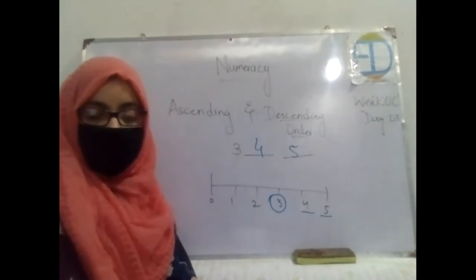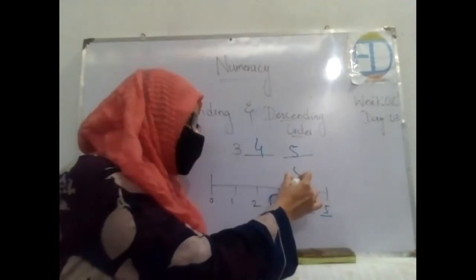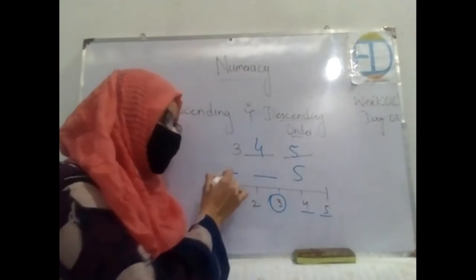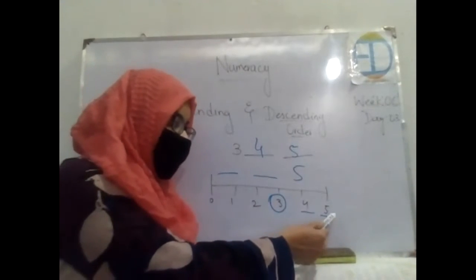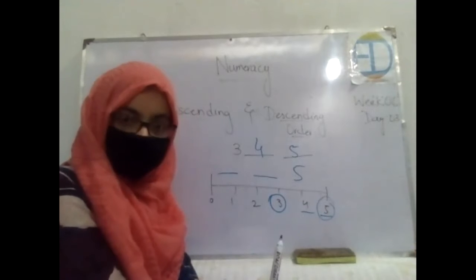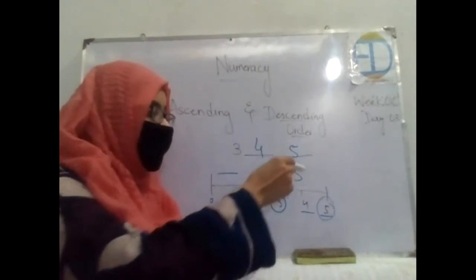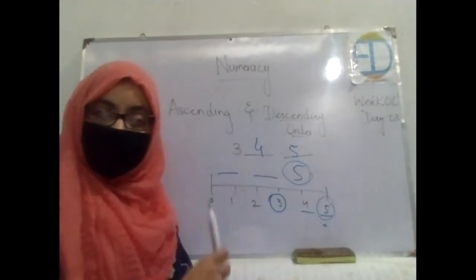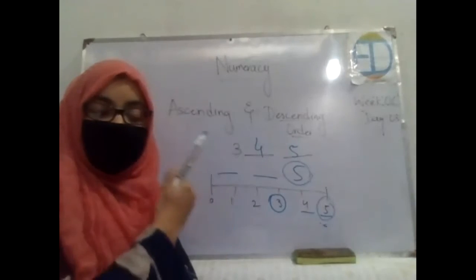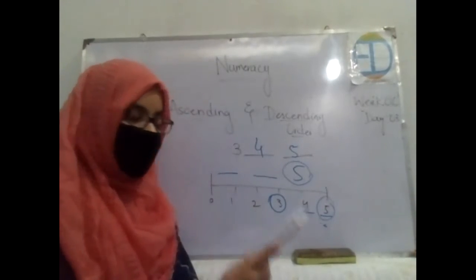Similarly, if I ask what are the two numbers that come before 5, you will again identify the location of 5. You will first identify where the given number is on the number line, and then find the numbers which are before or after that, whatever the question says.